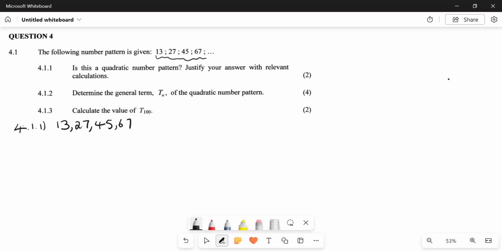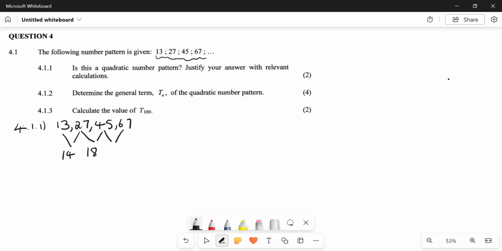Now let's find the first difference. So we need to say T2 minus T1. That's 27 minus 13, we get 14. And T3 minus T2, 45 minus 27, we get 18.